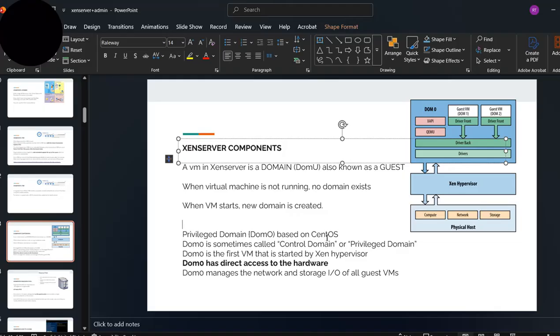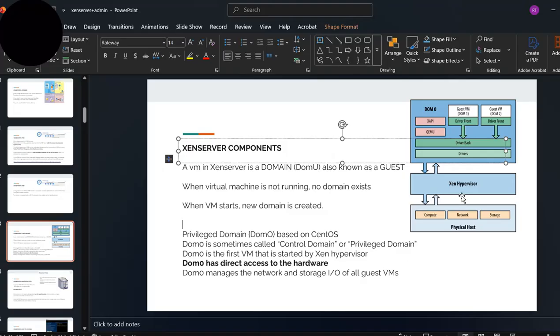Dom0 is based on CentOS. Dom0 is sometimes called the control domain or privileged domain. I have already told you, Dom0 is the first VM that is started by the Xen hypervisor. Dom0 has direct access to the hardware. Dom0 manages the network and storage I/O of all guest VMs.